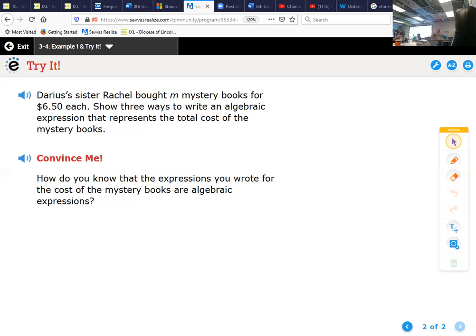They all have a variable in them. If there are no variables, it's just a numerical expression. And you guys have been solving numerical expressions for years. No huge difference.